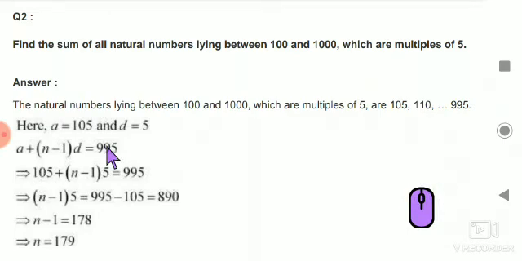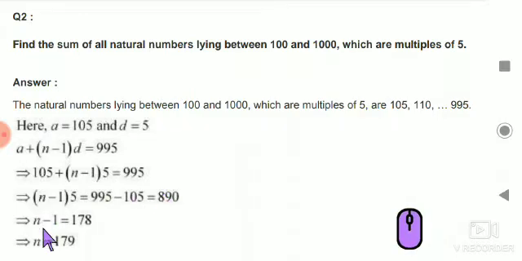Therefore, Tn is given by the formula a plus (n minus 1) into d, which is equal to Tn. But Tn is already given to you. Through this equation, we are supposed to find which term 995 is. Therefore, the first term 105 plus (n minus 1) into common difference 5 is equal to 995. (n minus 1) into 5 is equal to 995 minus 105, that gives 890.